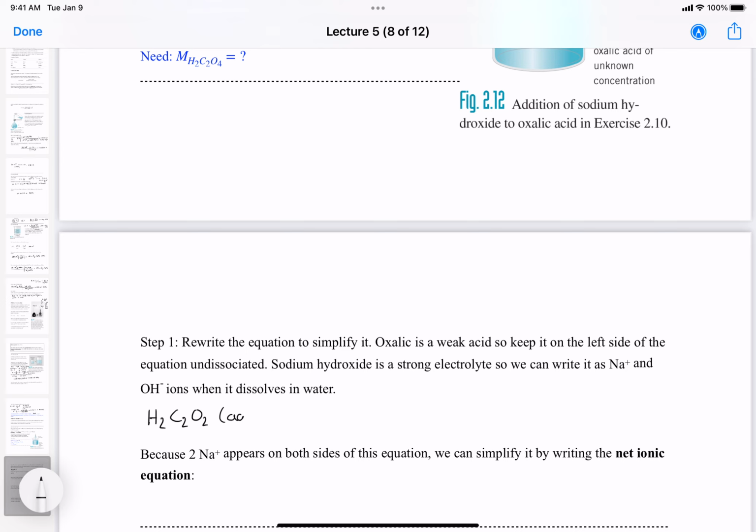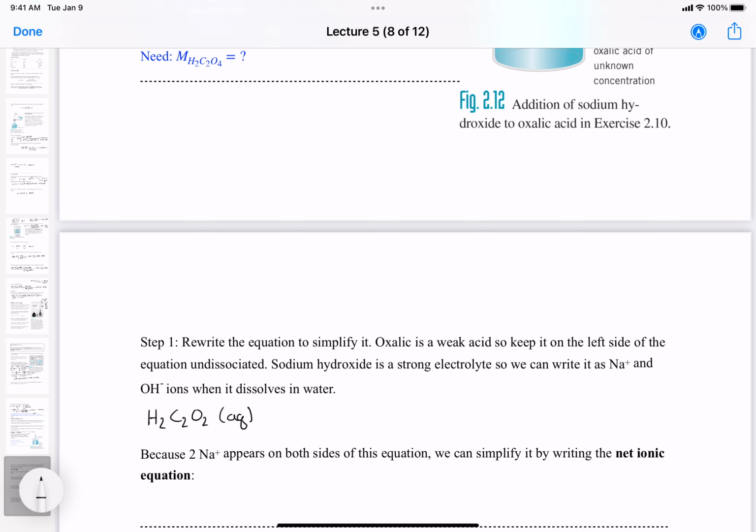So we're going to first rewrite it. Oxalic acid is a weak acid, so we're going to keep it on the left side undissociated. That means it doesn't form ions because it's a weak acid. Sodium hydroxide, however, is a very strong electrolyte, so we can write it as sodium plus and OH minus when it dissolves in water.